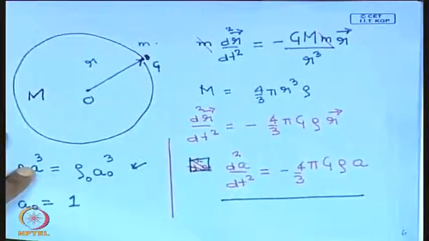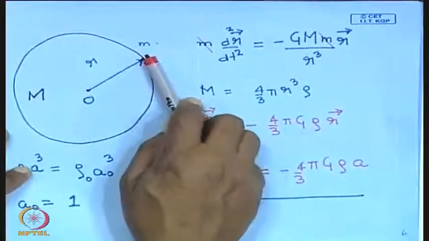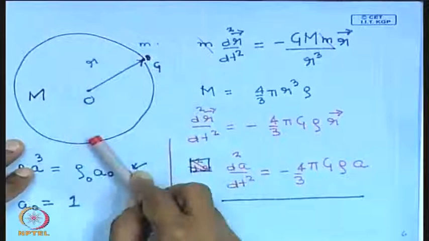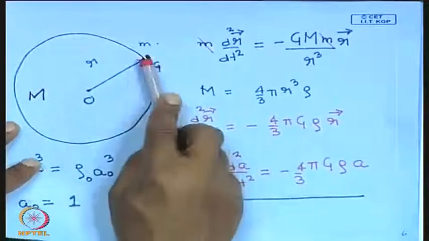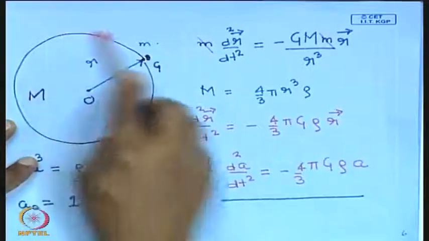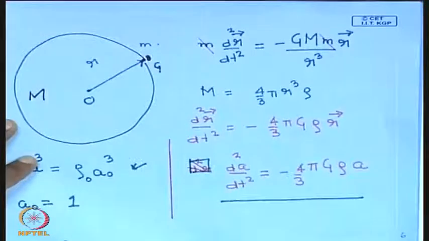Whereas if the density parameter is more than 1, so the density is more, the potential energy is more than the kinetic energy. Whereas if the density parameter is less than 1, the density is less, so the potential energy is less than the kinetic energy.